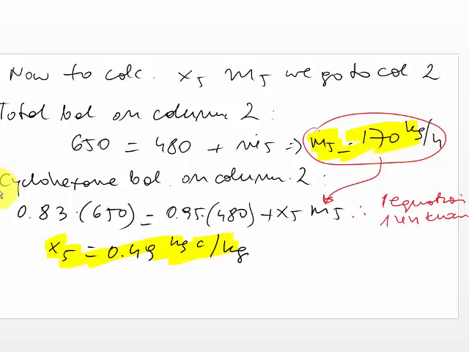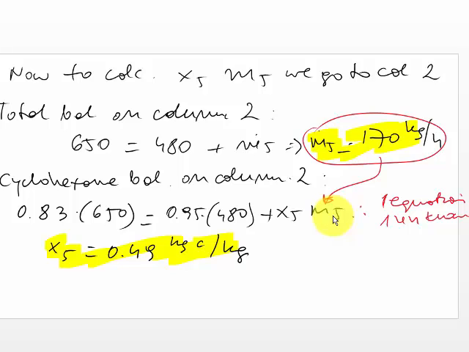And for the component mass balance, in this case I'm showing the cyclohexane balance on column 2. The input is the output from the first column, the top stream coming out of column 1, 83% times 650 kilograms per hour, equal to 95% times 480, that's the distillate output from the second column, plus X5 times M5.